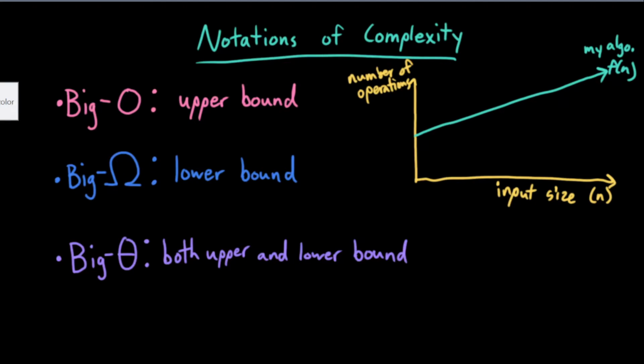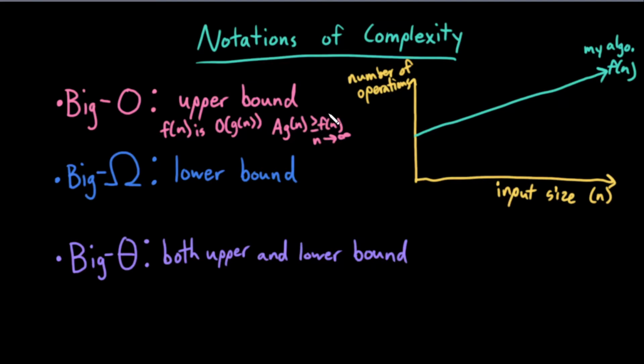Big O means that there exists some function. So I say my algorithm, my function f of n, is big O of some function g of n if some constant times g of n is greater than or equal to f of n as n approaches infinity.